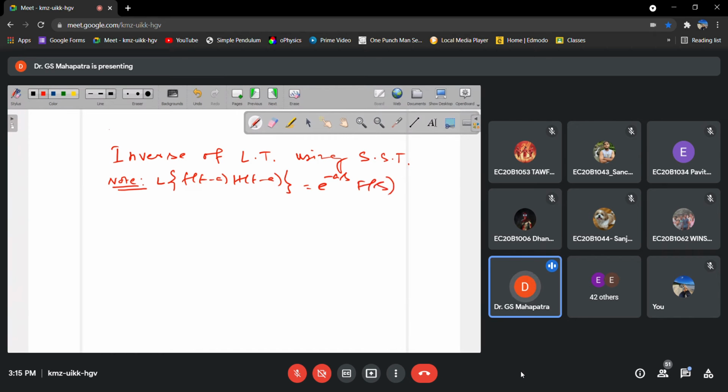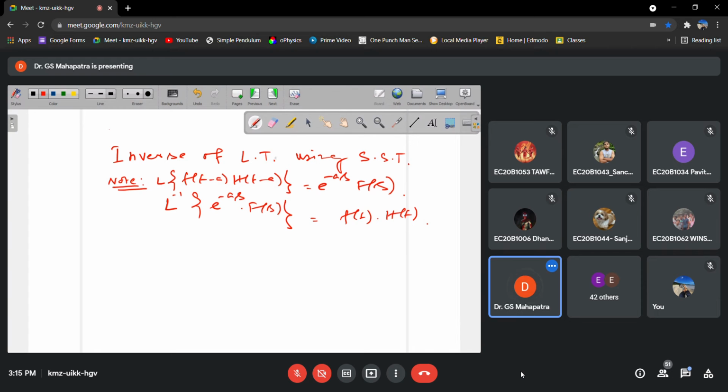We have already discussed this. And the inverse Laplace transform of e to the power minus as into capital F of s is f of t into h of t.